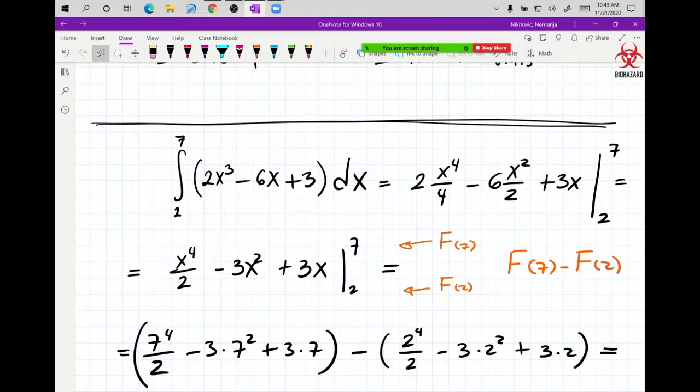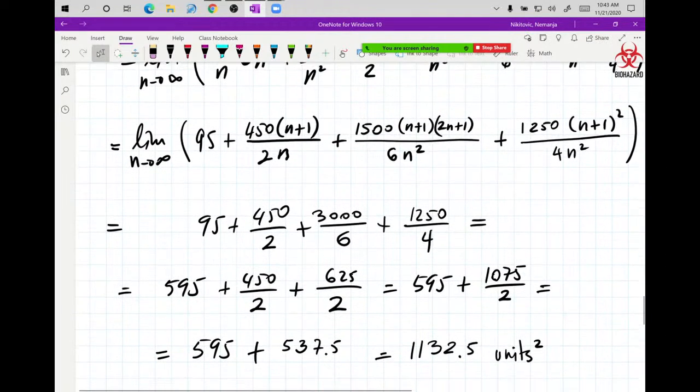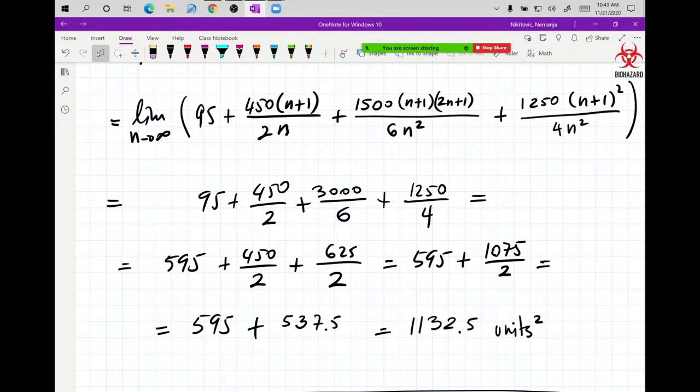Okay, let's check my integration. Copy 2 to the 4 and then over 2, that's good. And then 6x squared over 2, that's negative 3, that's good. And then plus 3x, plus 3x. Yep, everything is good. So that means that my calculations here did not go well.